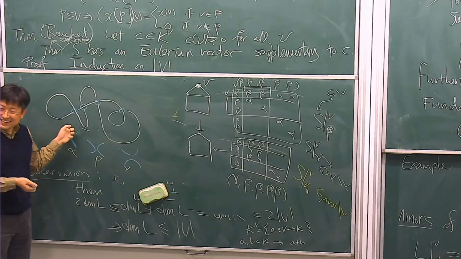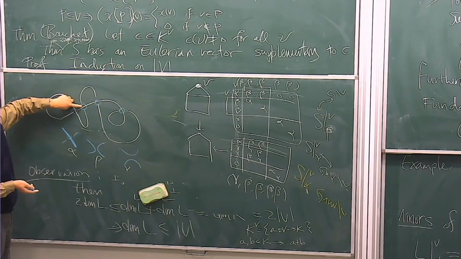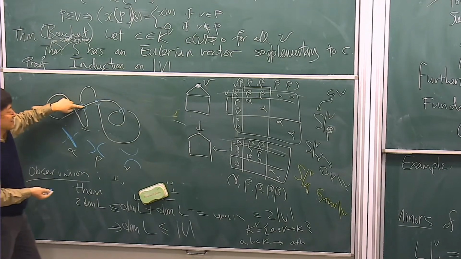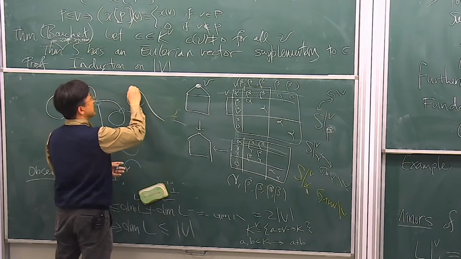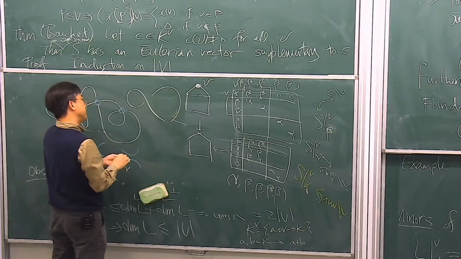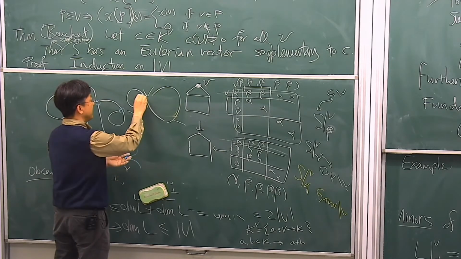So if you flip here, how do I know that this is a new Eulerian circuit? Well, if I know the global structure, maybe I know that this is the Eulerian circuit or that's the Eulerian circuit.